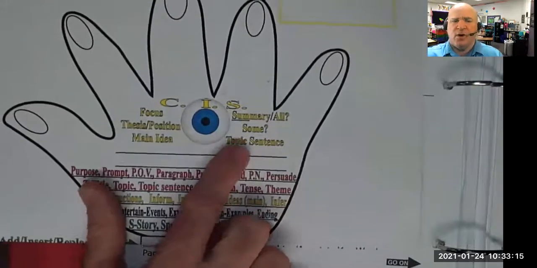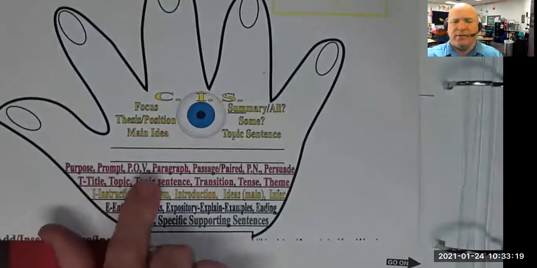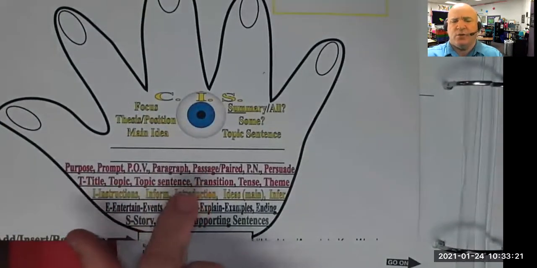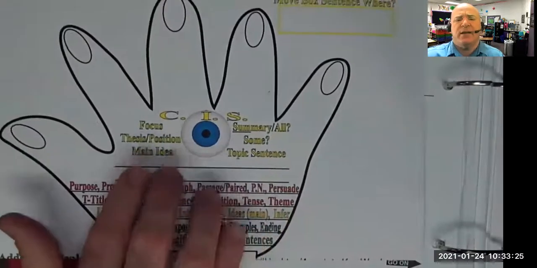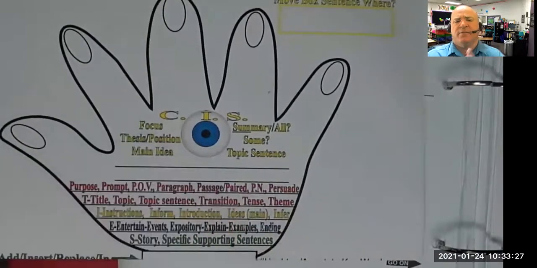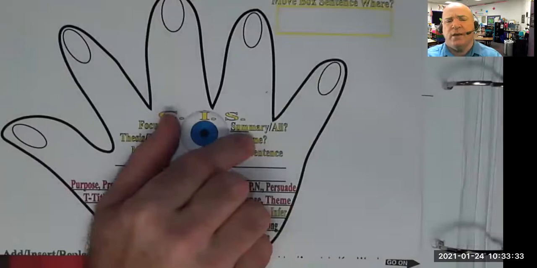What's the topic sentence? So all of these things are written here, and here we have the P's that I mentioned. And so what's happening is kids are not understanding main ideas of sections or some of the passage.